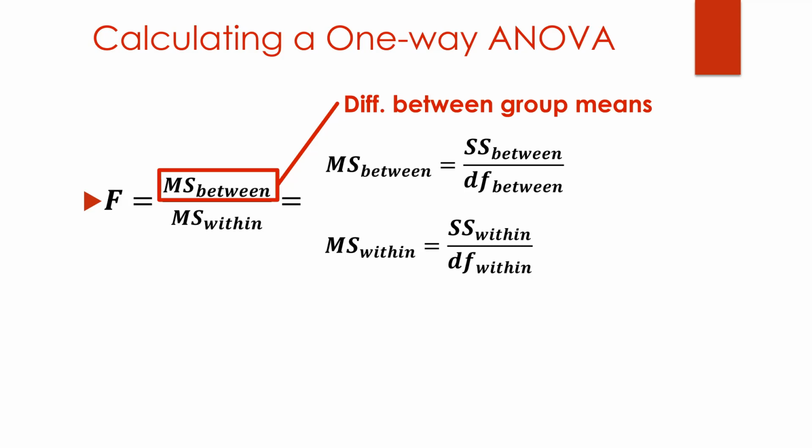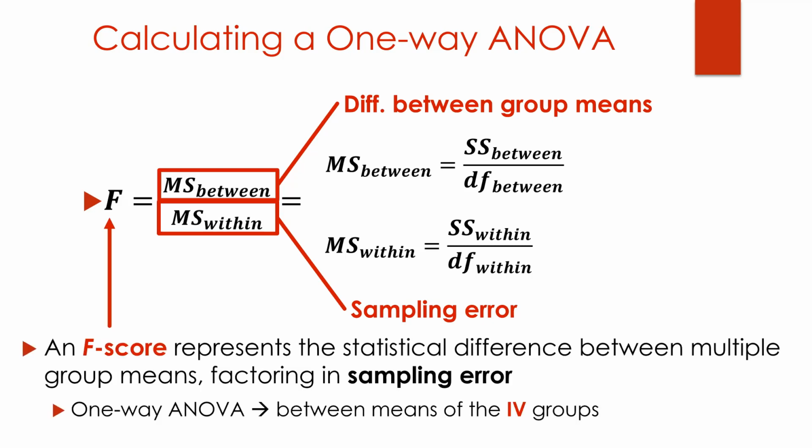The top part represents our difference between the group means, and the bottom part represents sampling error. Therefore, our F-score represents the statistical difference between multiple group means while factoring in sampling error. So in a one-way ANOVA, the F-score is specifically representing the difference between the means of our independent variable groups.